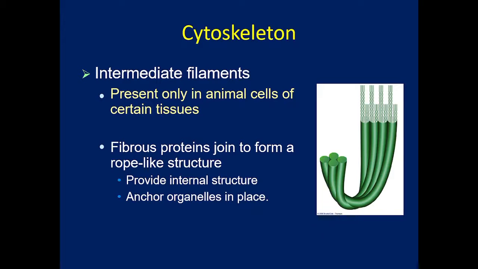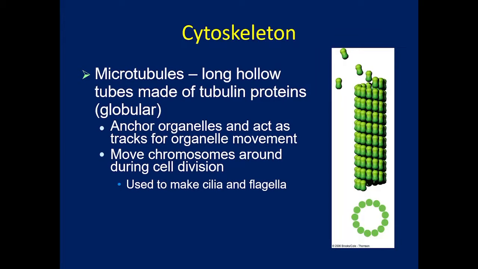Intermediate filaments are present only in animal cells of certain tissues, and they are fibrous proteins joined to form rope-like structures, which provide the proper internal structure.